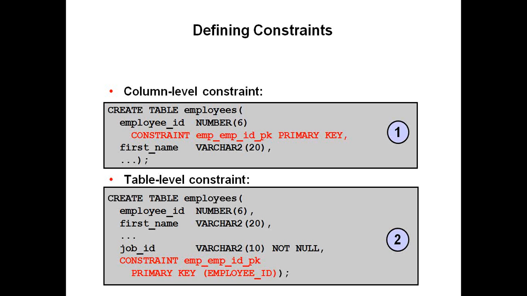Whenever you want a column to be declared as not null, you need to write that immediately after the column. You cannot declare that at the end of the table. So except for not null, the rest of the constraints you can write either at column level or at table level. Did that clarify?